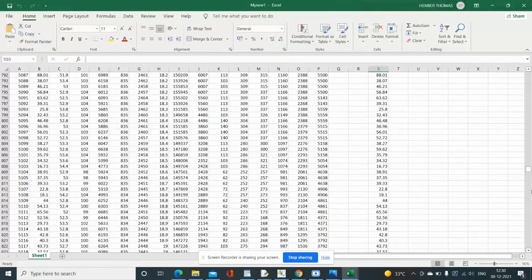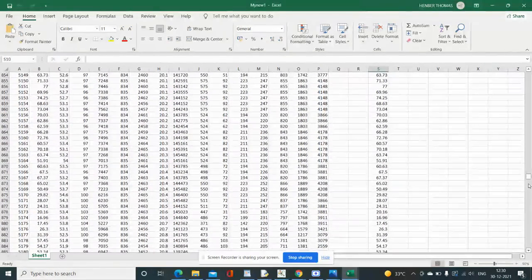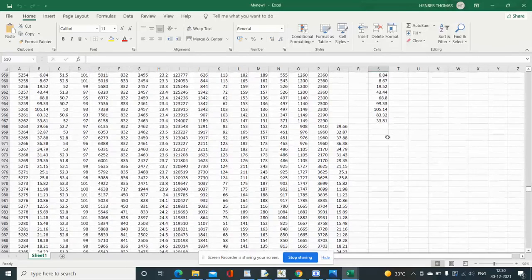It is there until 5260, and from then it is cluster 1.